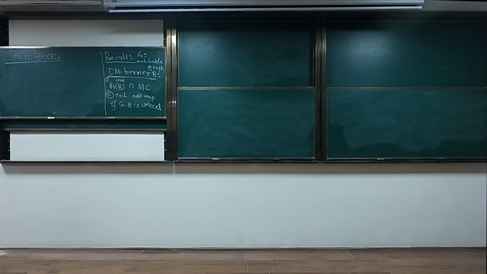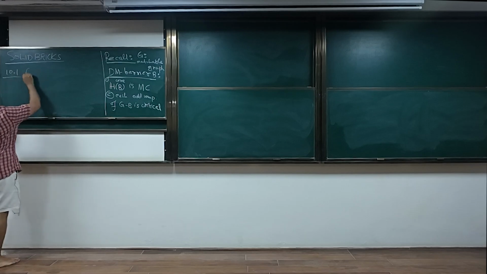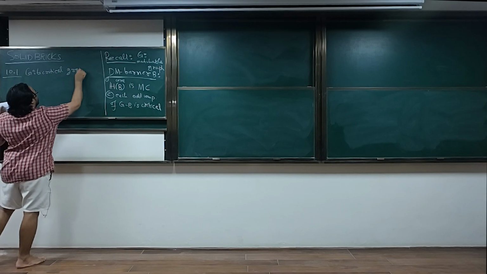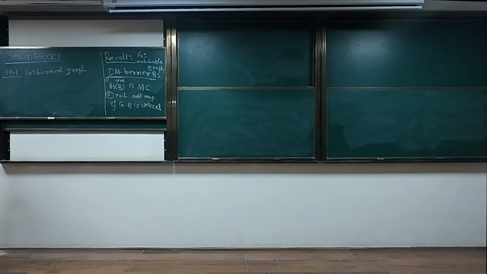So it turns out that non-removable edges in bicritical graphs have some structure that is related to the existence of a Dulmage-Mendelsohn barrier in some graph. Okay, and we'll do some examples to see this situation. So this is Theorem 10.1. G is a bicritical graph.